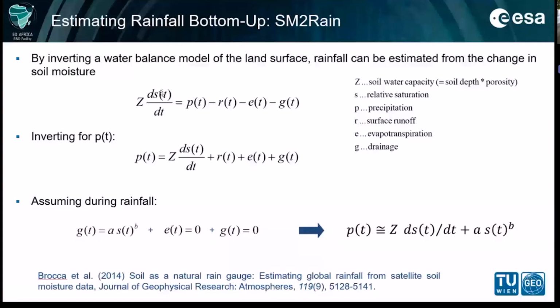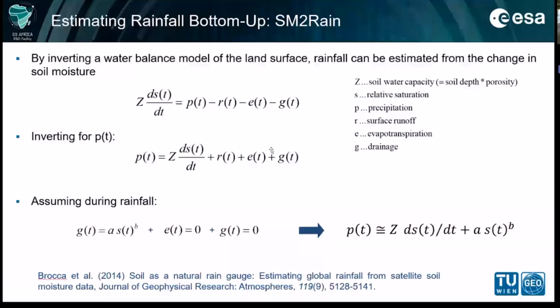Normally you describe changes in soil moisture over time as related to how much precipitation there is, minus runoff, minus evapotranspiration, minus drainage. Obviously, you can turn it around, that is, say precipitation becomes the first derivative of soil moisture over time, plus those terms here.